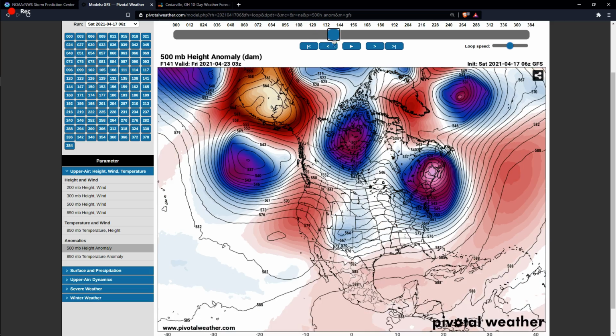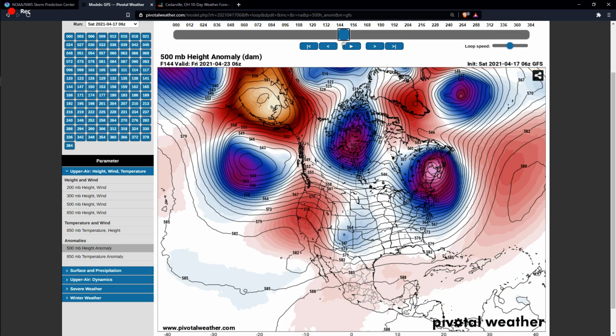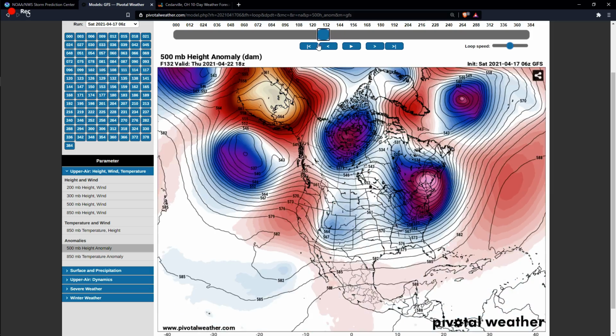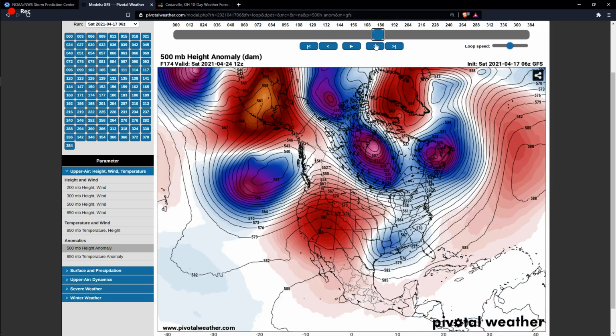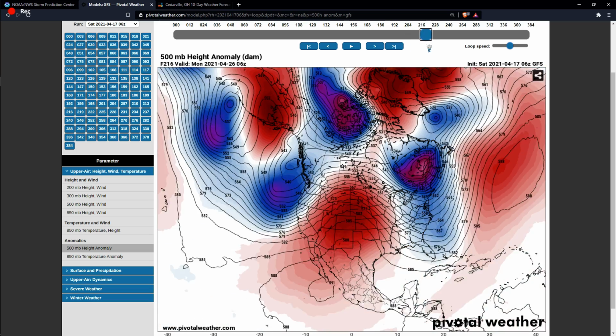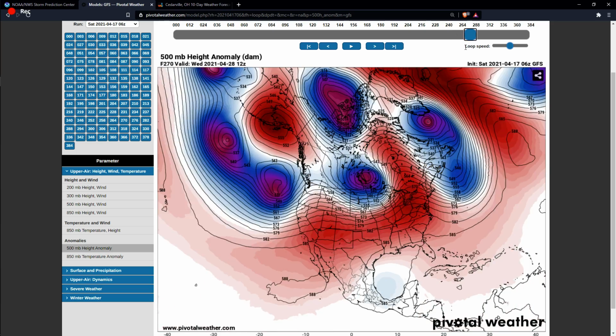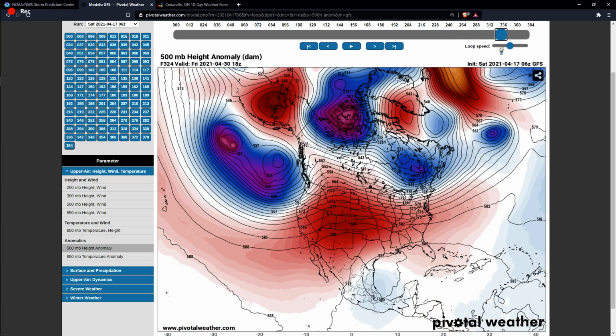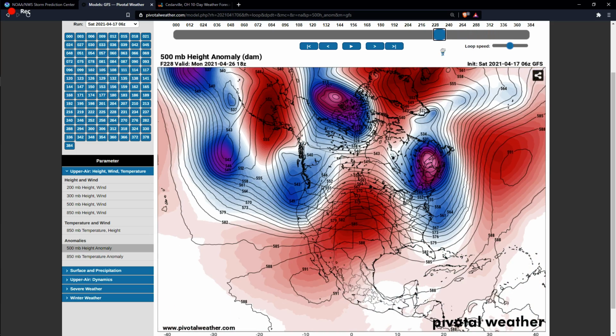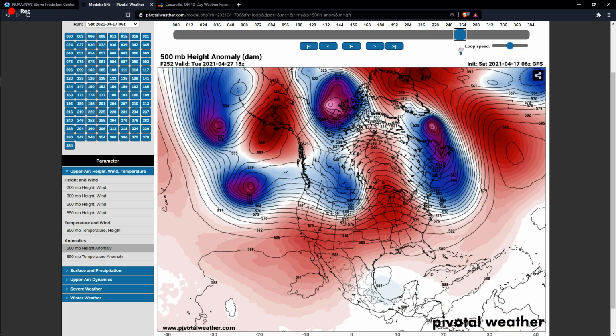I'm going to show you that in just a second, but it just keeps getting deeper and deeper, and look how deep it gets by the time it reaches the New England states. The fact that it's getting this deep indicates that there could be some pretty good snow up in the New England area, just because we have such a deep trough coming into the eastern side of the region.